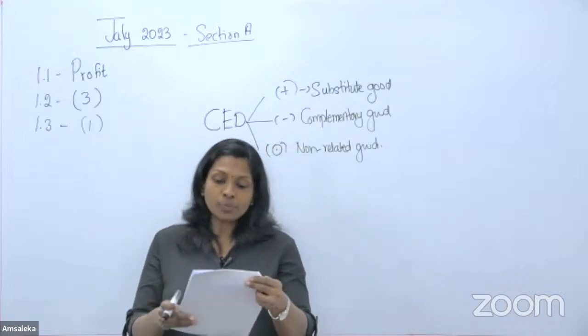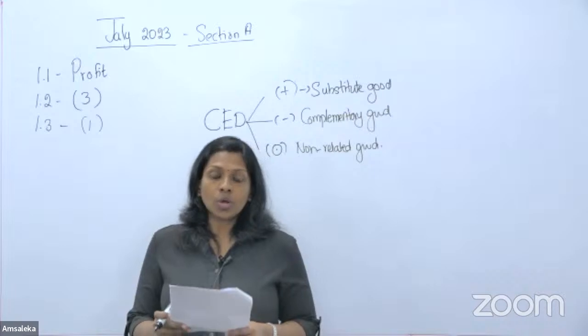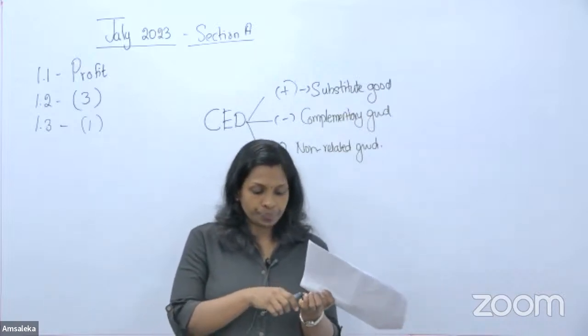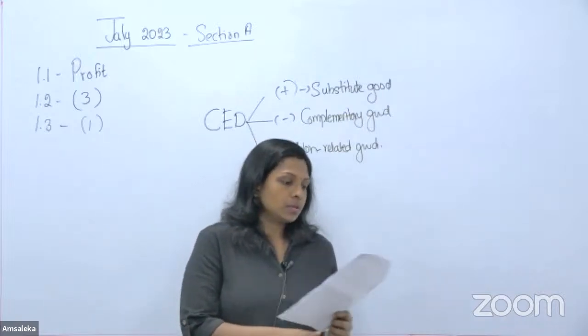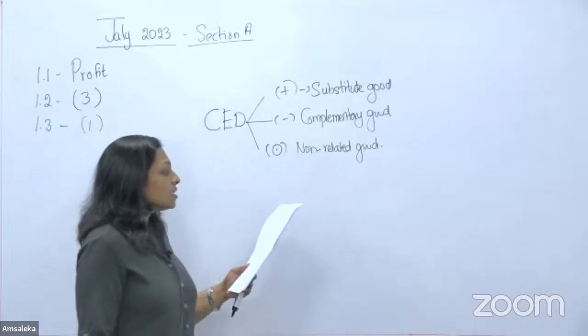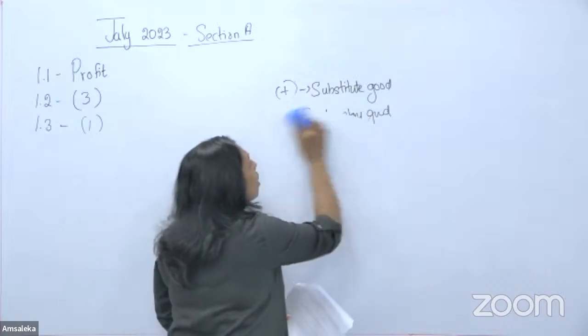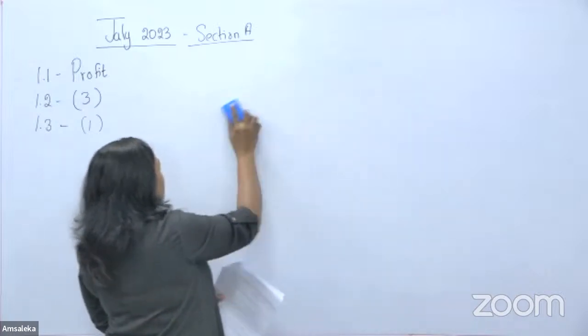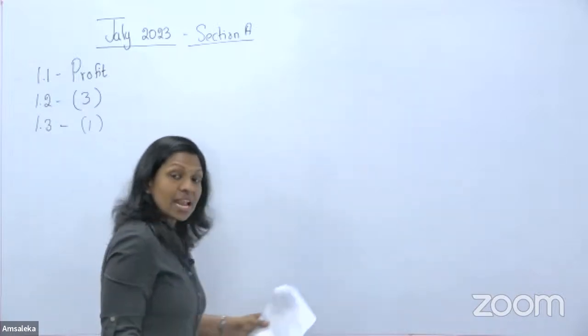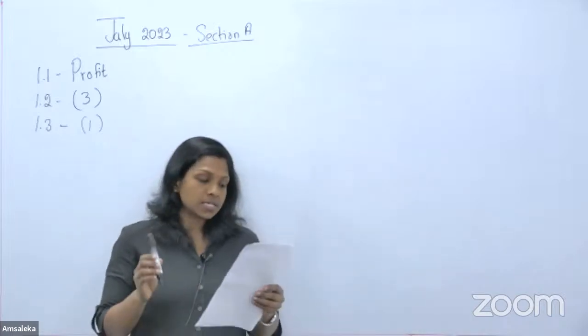Right, so 1.4. When the price of commodity X increases, it's about the mathematical presentation of the elasticity concept.